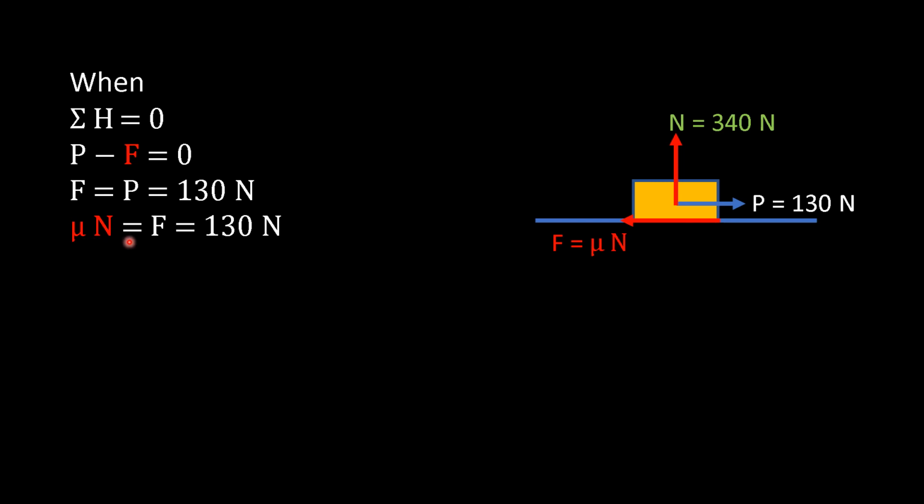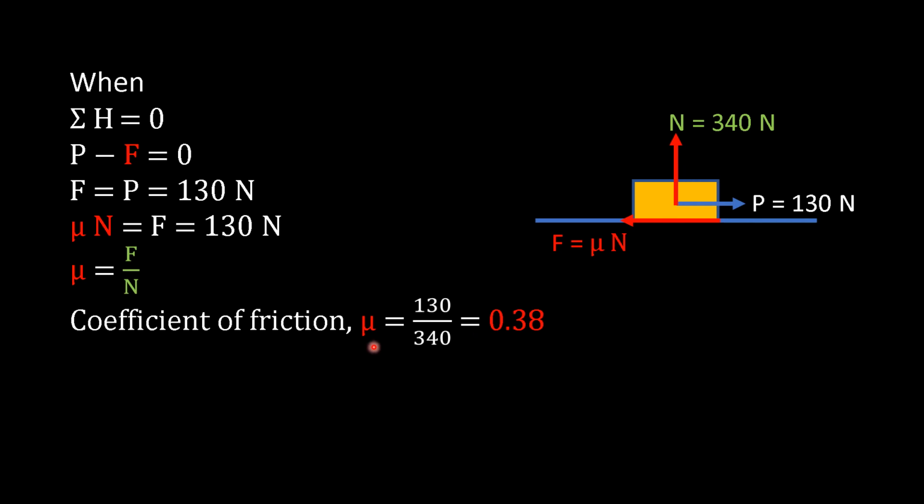So mu N equals F, which is 130 Newton. So we have mu equals F divided by N. That is, coefficient of friction mu is 130 divided by 340, which is 0.38. So coefficient of friction here is 0.38.